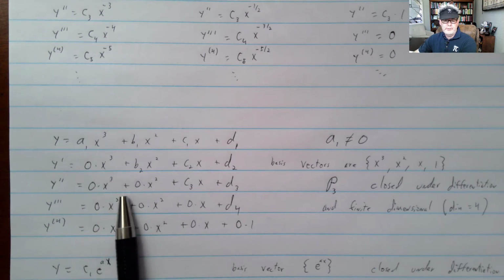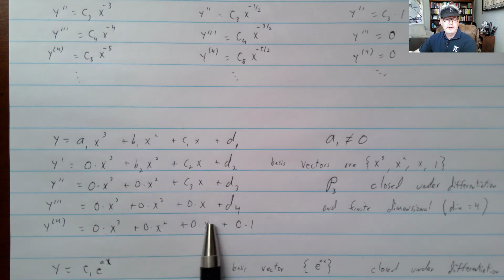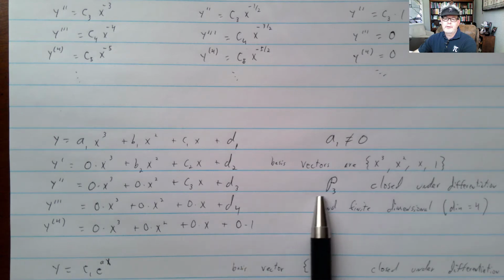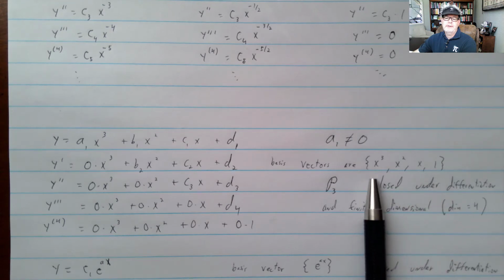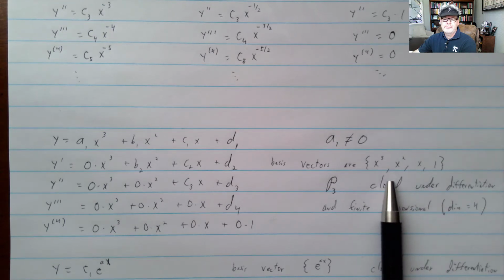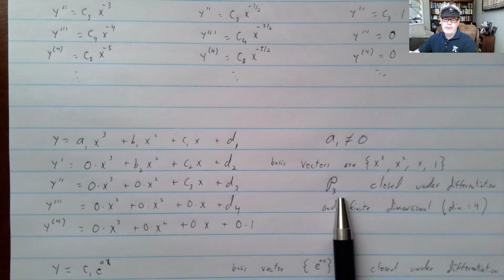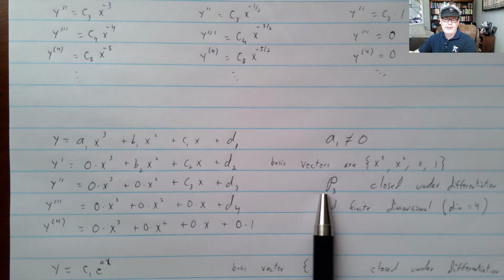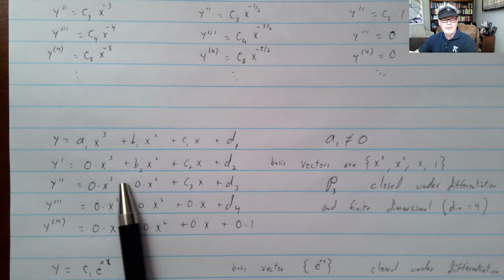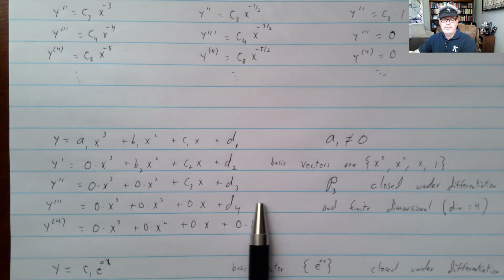And if I take another derivative and another derivative and another derivative, I can represent every derivative through some multiple of these vectors. So this will be our basis. We sometimes call it P3, the space of all polynomials of degree less than or equal to 3. And in this space, even a constant is in this space, or even a quadratic, right? So the derivative is in this space.